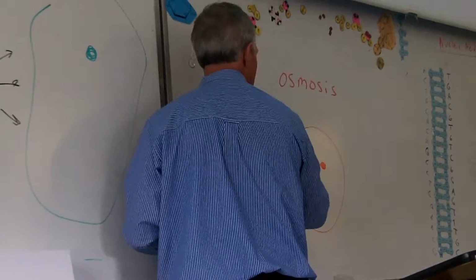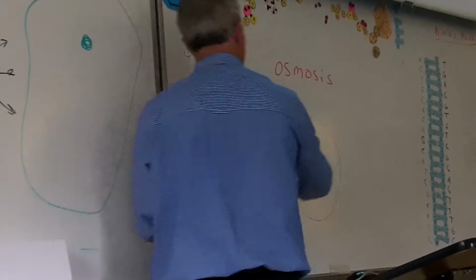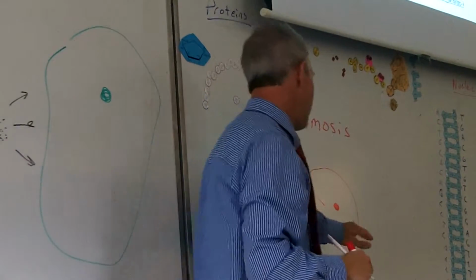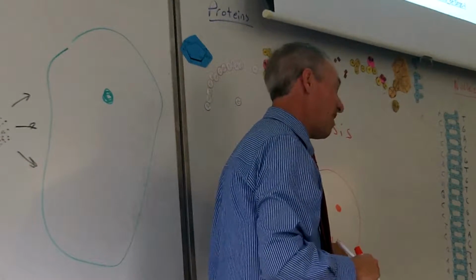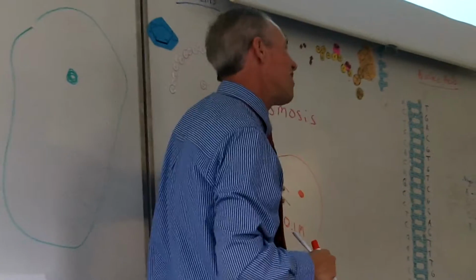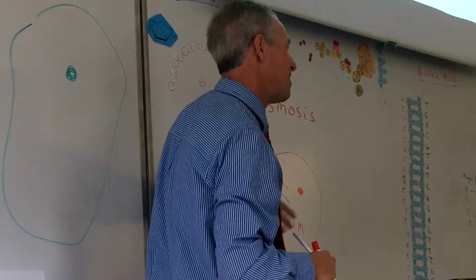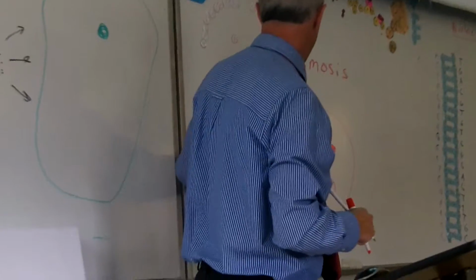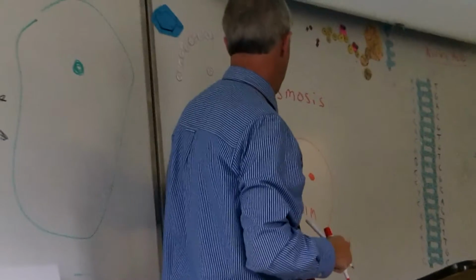Water's going to go outside because it's in high concentration here and low concentration there. So the lower the molarity, the more water it has. The higher the molarity, the less water it has, and the more dissolved substances it has. Does that make sense? Erica, does that make sense?